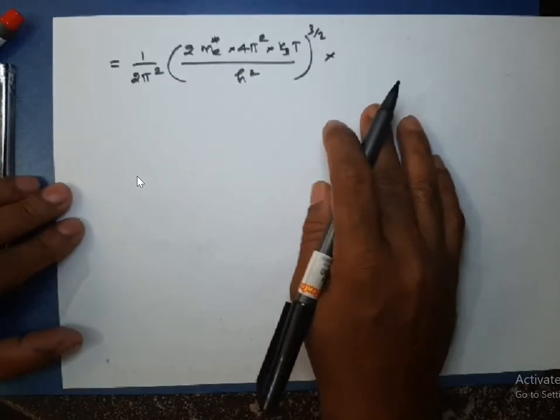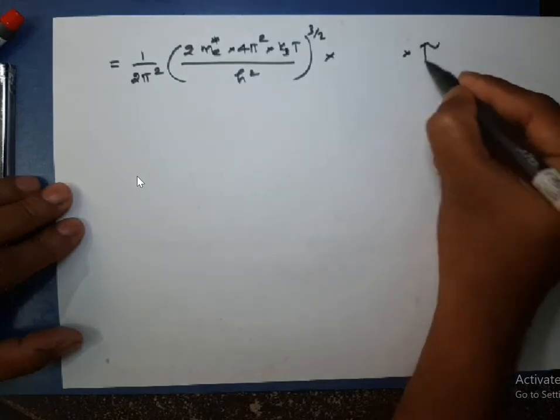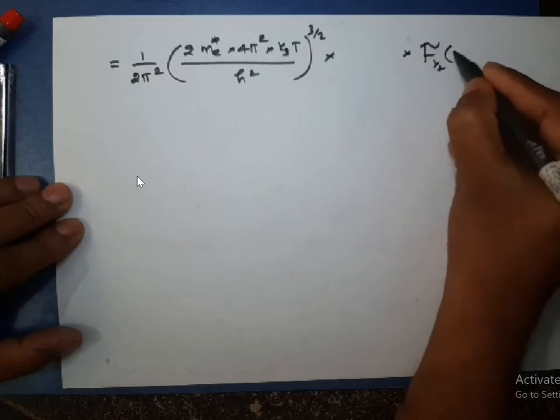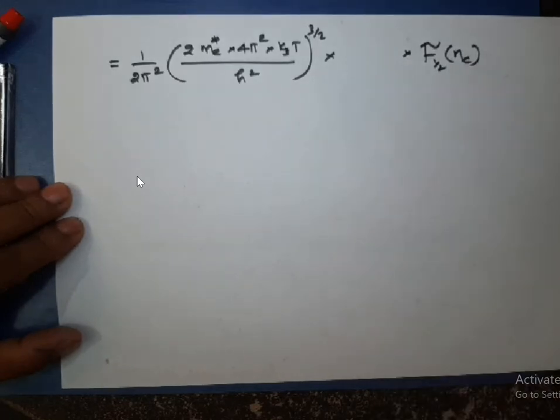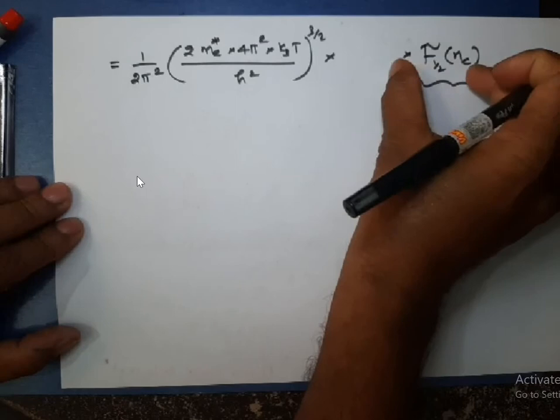I am going to represent that Fermi-Dirac integral like this: F_(1/2)(eta_c). This is how we represent the Fermi-Dirac integral. So this symbol indicates the Fermi-Dirac integral.